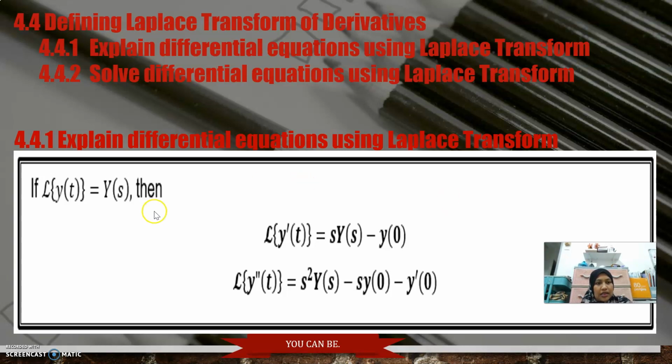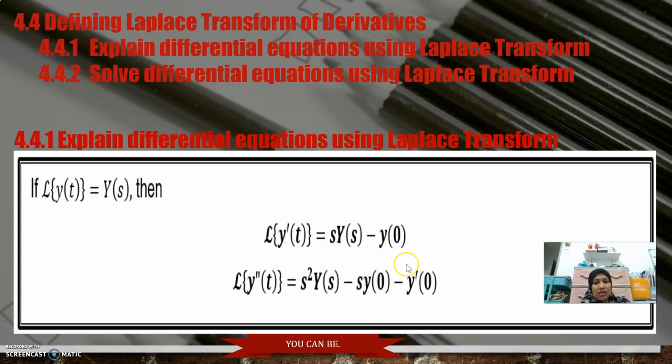Okay, if Laplace of y(t) is equal to Y(s), then this is the formula given. We have to understand how to use this formula. Laplace of y prime t is equal to sY(s) minus y(0), and Laplace of y double prime t is equal to s squared Y(s) minus s y(0) minus y prime(0).